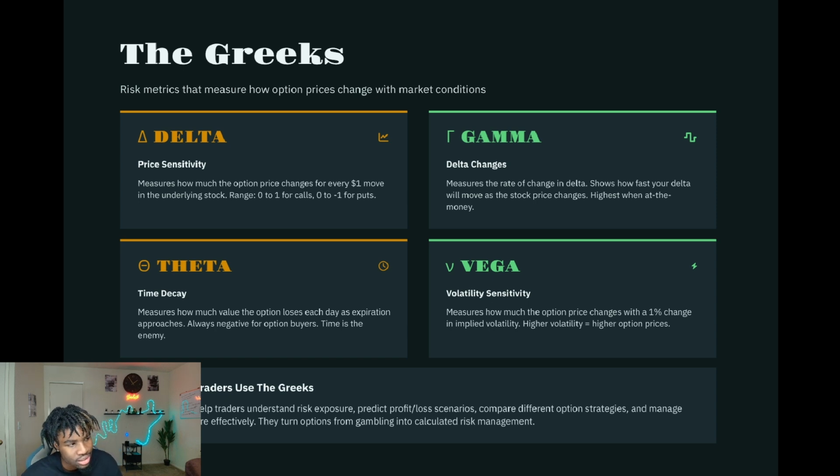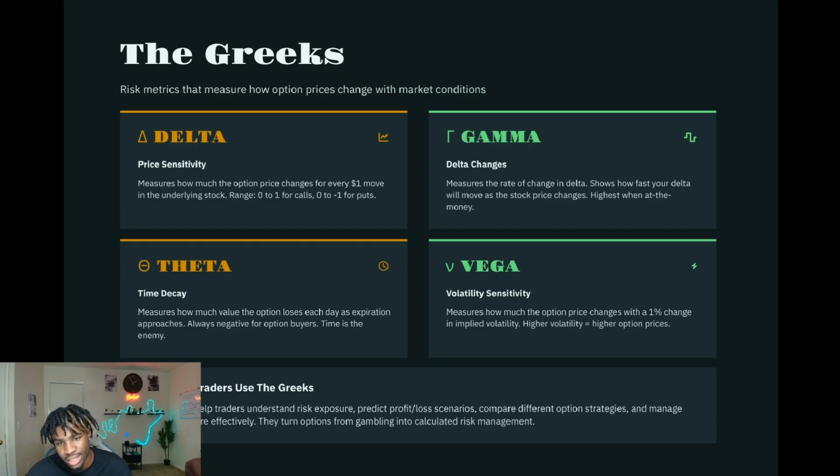The delta shows you how much money the option contract is going to make off of a $1 move. If I have a 0.40 delta and the price of the asset goes up $1, that means the option contract is going to go up 40 cents.